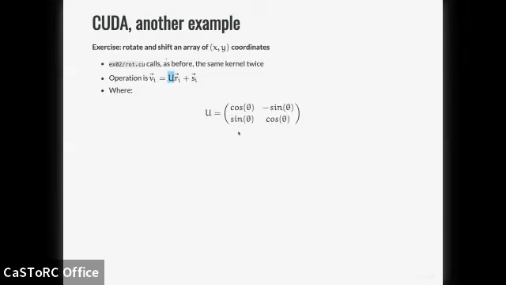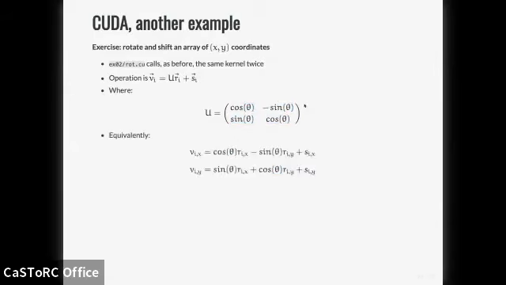If you want to rotate a two-dimensional vector by an angle theta, then you apply this two-dimensional transformation matrix. I hope this is familiar to at least most of you.